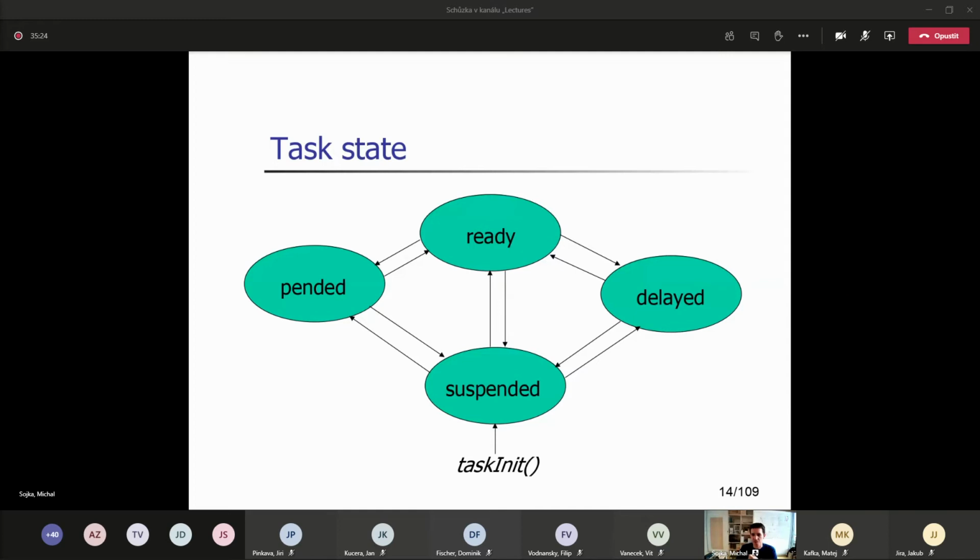Typically, this waiting is implemented by waiting for a semaphore. Even waiting for the network, waiting for the keyboard, this is all implemented via semaphores. So the only thing which needs to be implemented is semaphore, and then things magically work. So those are the basic states.